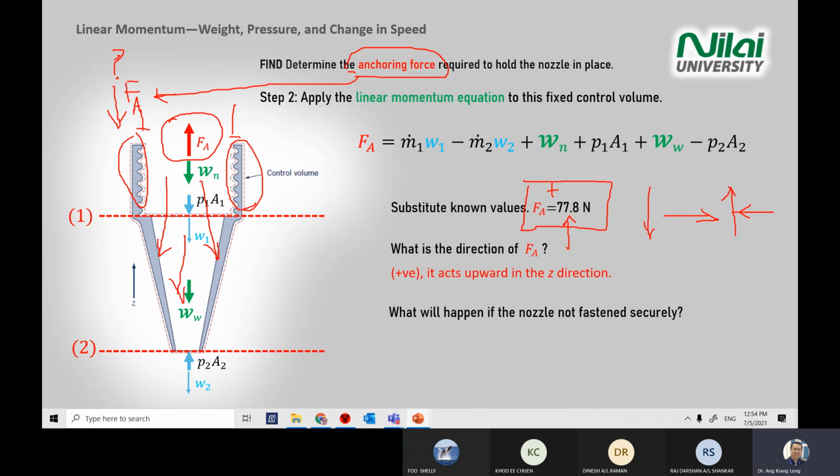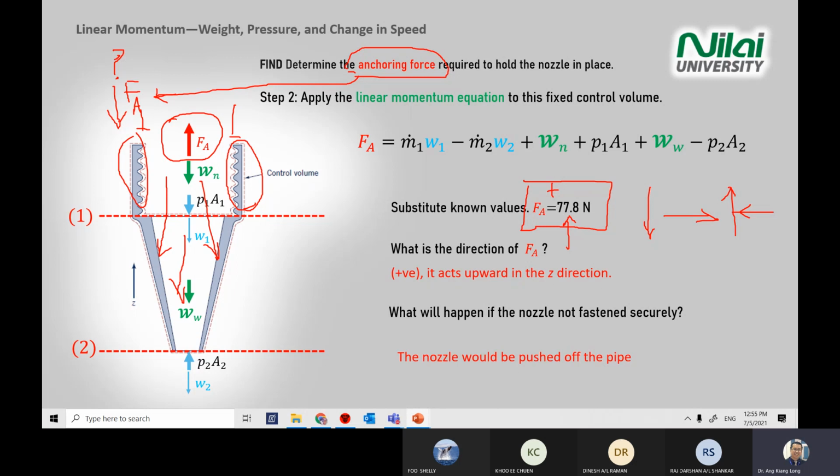Right, so it will fall out because the anchoring force is not strong enough to hold it in position. The nozzle will be pushed off the pipe and fly away. So this is how you explain if the question gives you a value and you need to check it against your answer.